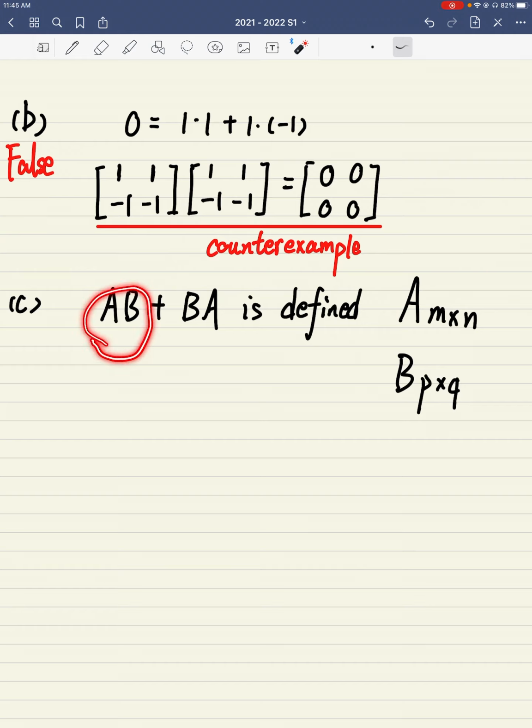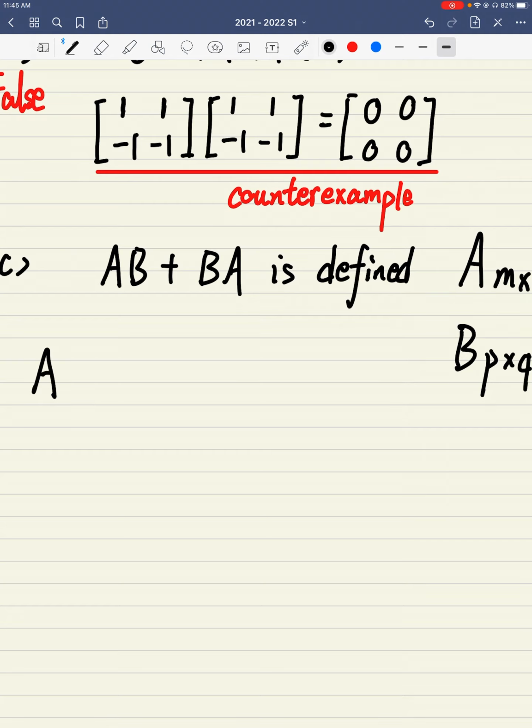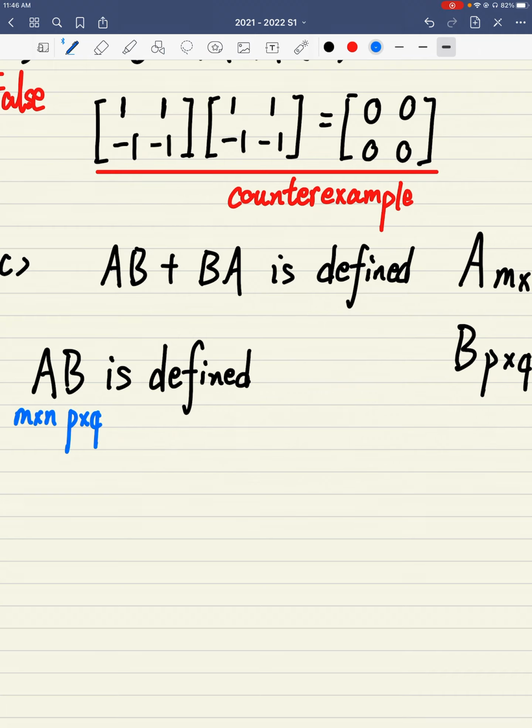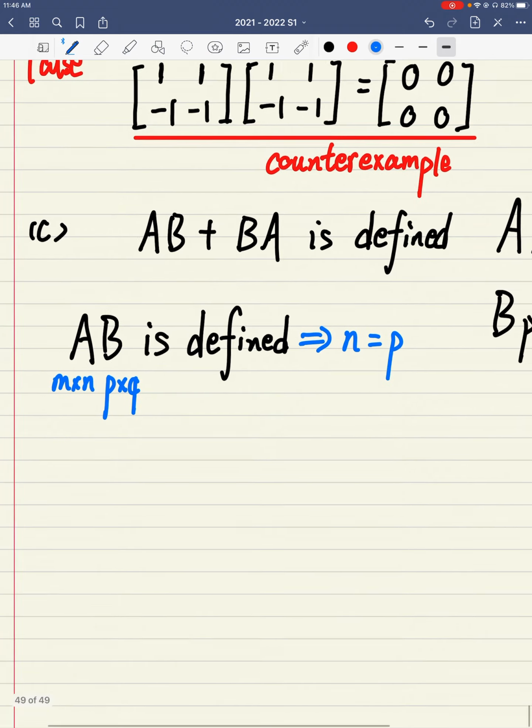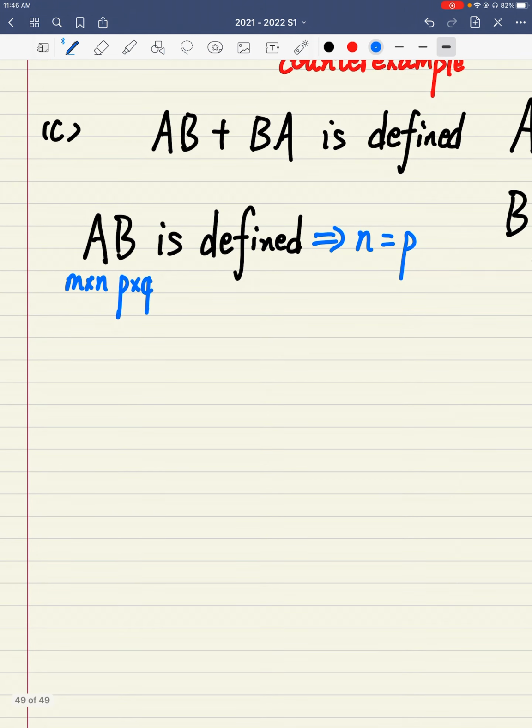First, AB is defined, BA is also defined, and the sum is also defined. AB is defined means N is equal to P.